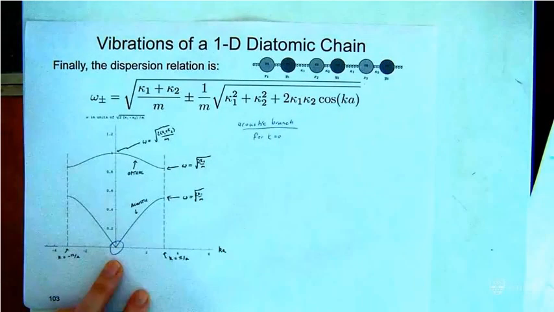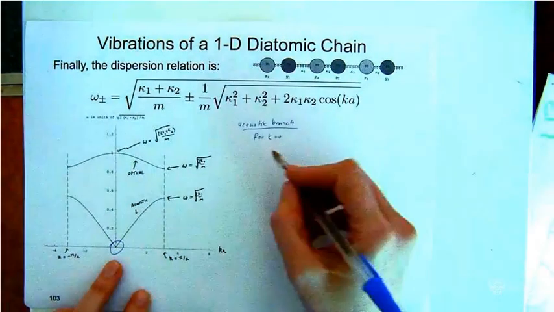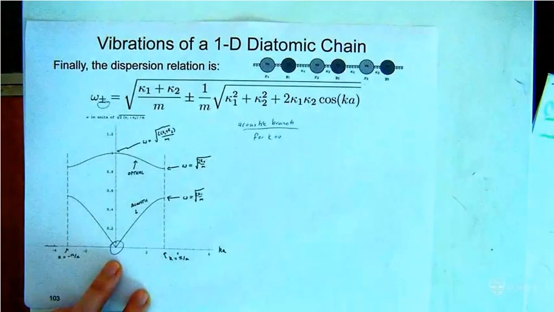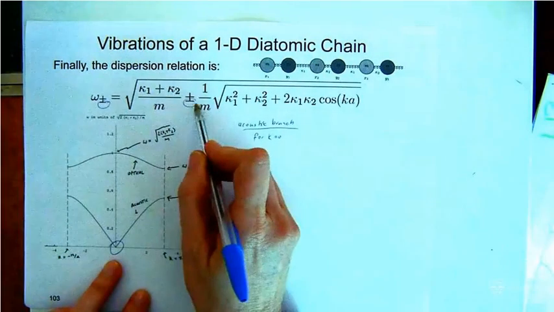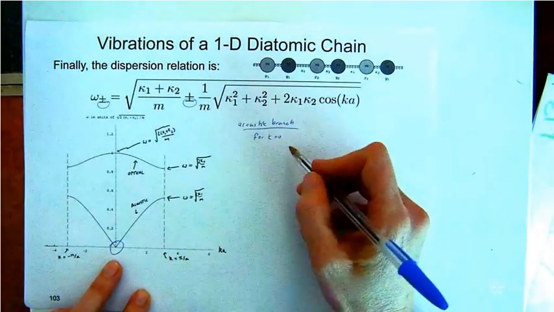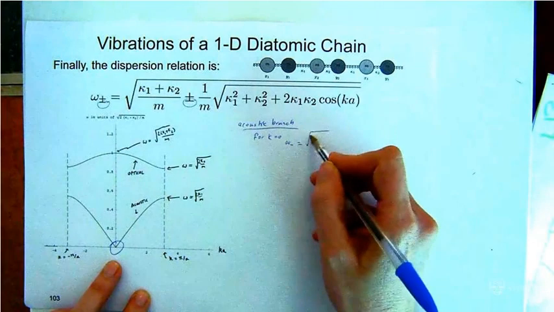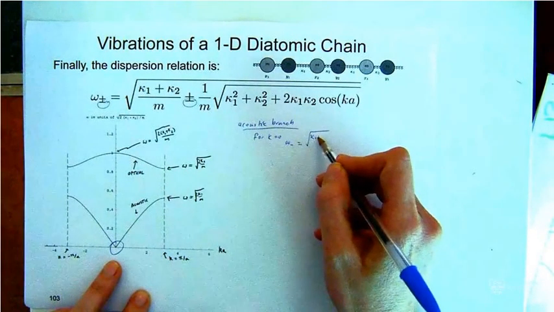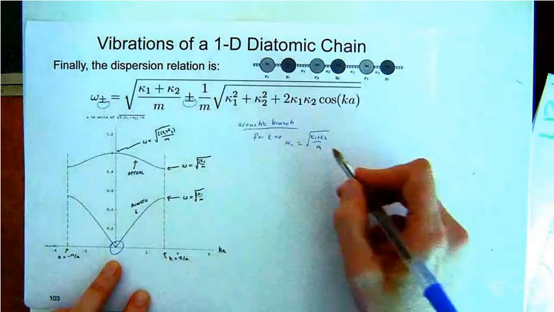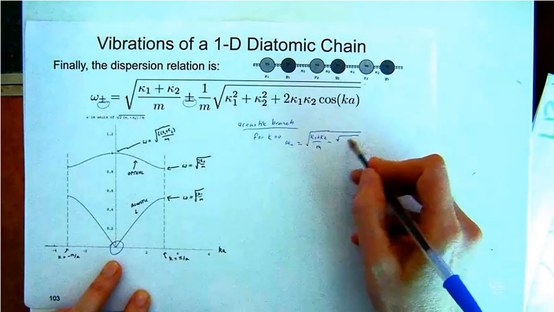Yes, it is, really. Because for the acoustic branch, we take the minus of the choice there. So you'll just end up with omega minus square root of kappa 1 plus kappa 2 over m, taking the minus, and square root over m.